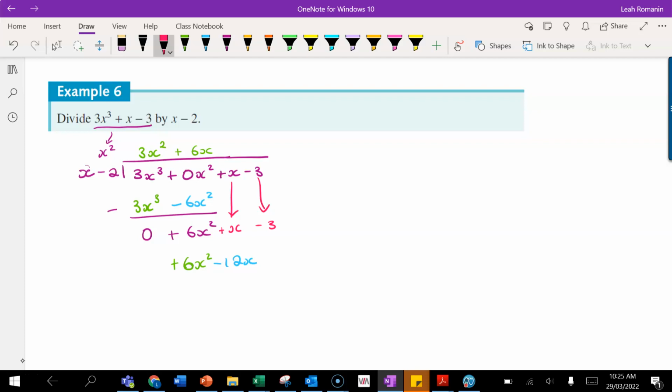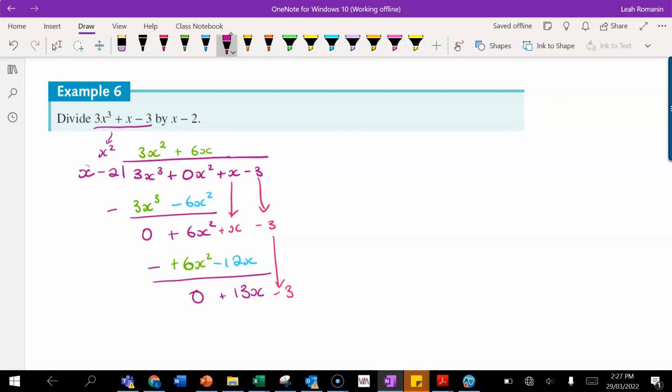Okay, next, subtracting. 6x squared minus 6x squared is going to cancel out to 0. And then x minus negative 12x, so x plus 12x is going to be positive 13x. Again, we're going to bring down that minus 3.